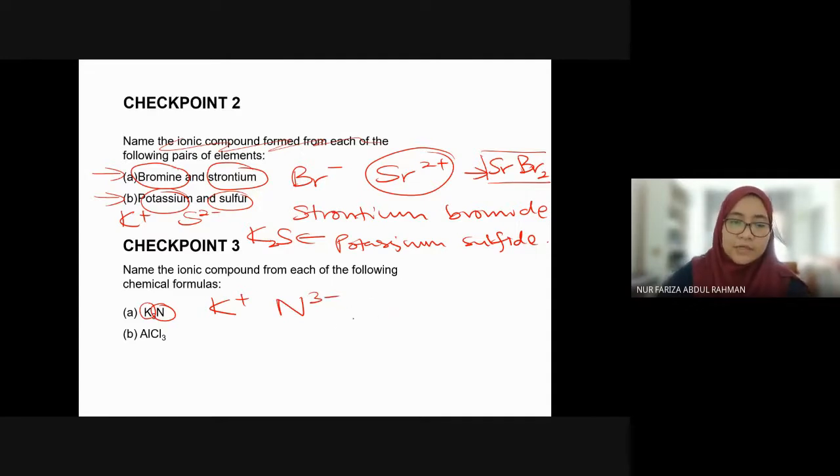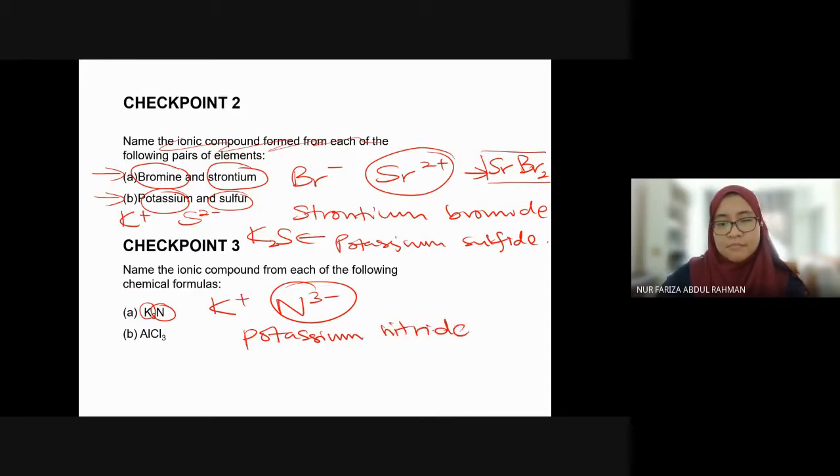Name the cation first, so the cation is potassium, and the anion is called nitride. The root name is nitr. The original name is nitrogen, so remove the ending and replace it with -ide.